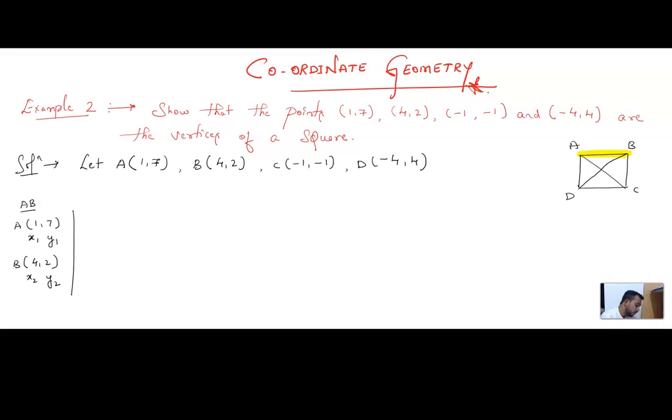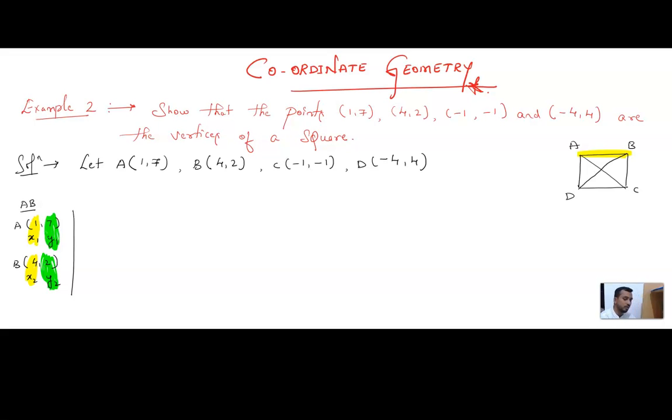Got it? Now remember, children, what is the x1 value? That is 1. What is the x2 value? That is 4. Remember, x1 is 1, x2 is 4. Similarly, what is y1? That is 7. And what is y2? That is 2. So the y2 value is 2.